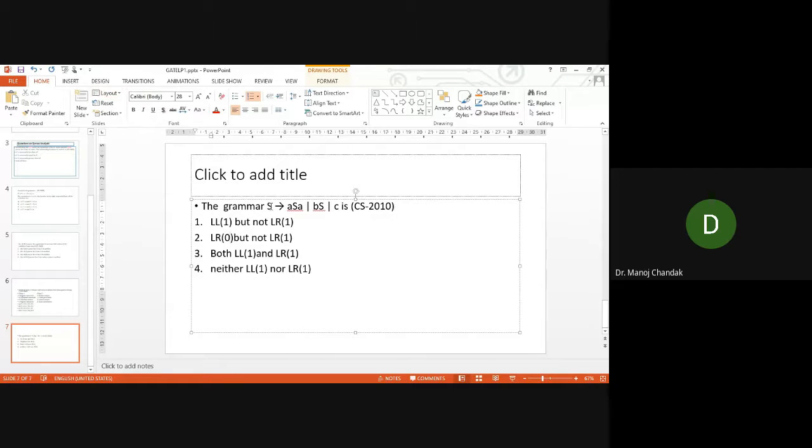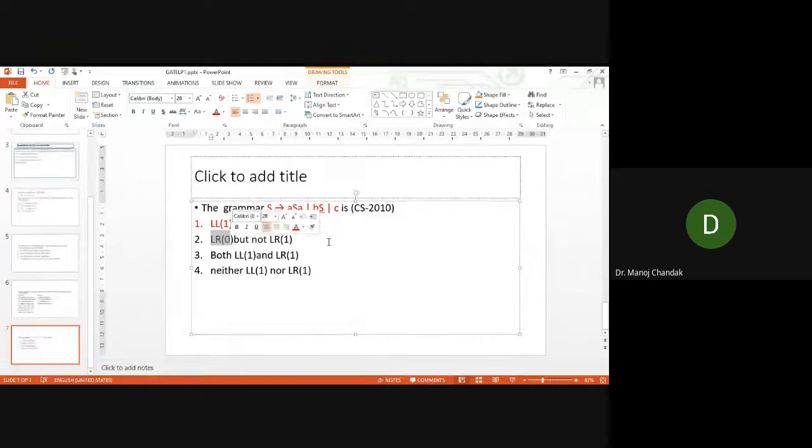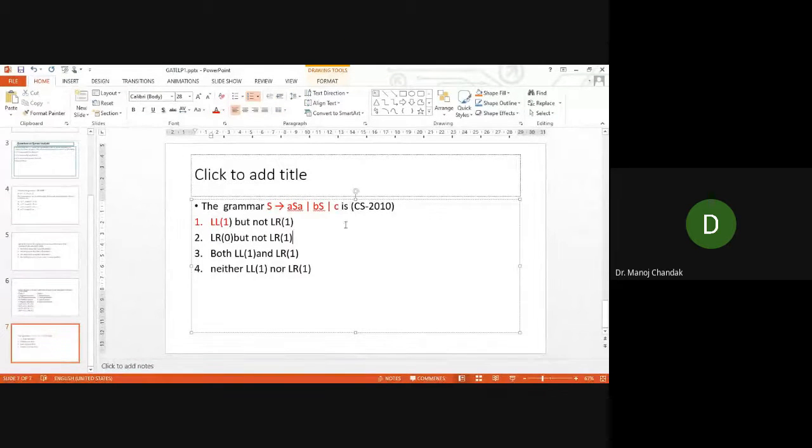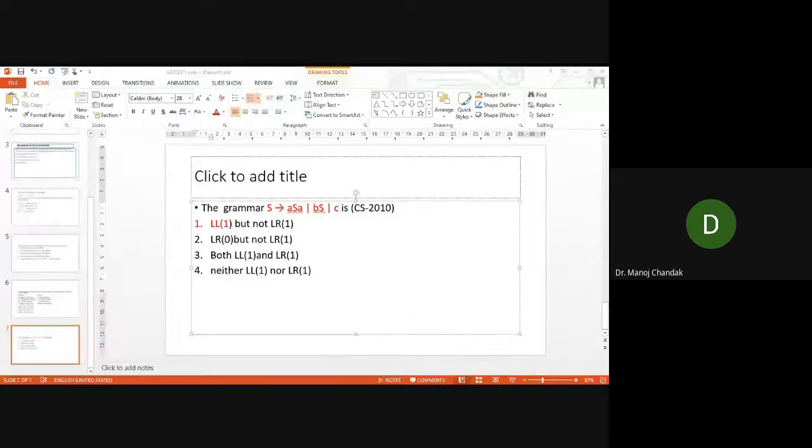So what you need to do in such questions is try to prove whether this particular grammar is LL1 or not. If it is LL1, then you can pick some choices, because you cannot directly jump to constructing the parser for a given grammar in the time available to solve this question.